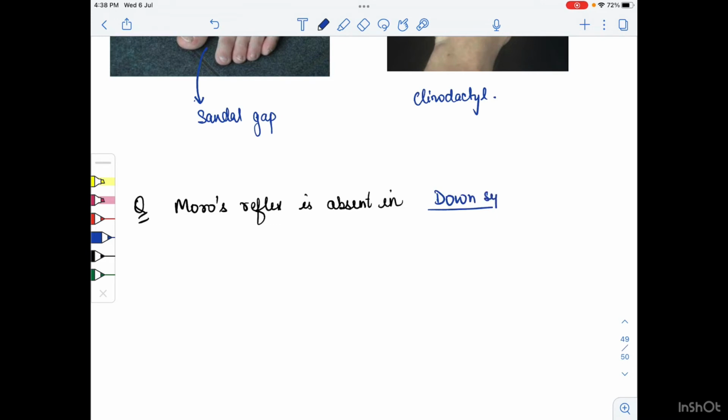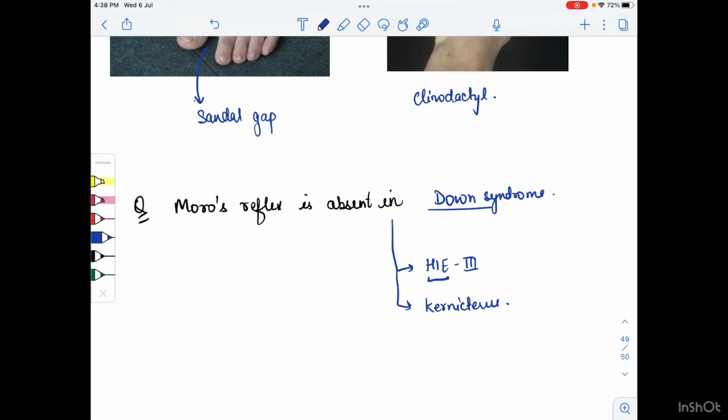Besides Down syndrome, there are two more conditions in which the Moro reflex is absent, that is HIE stage 3 and also Erb's palsy. HIE stands for hypoxic ischemic encephalopathy.